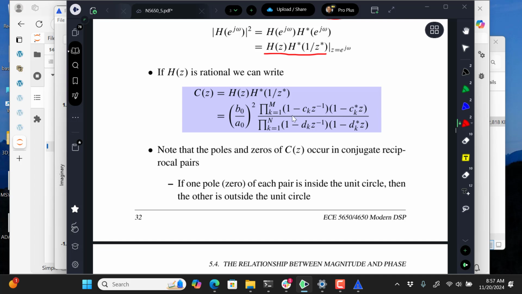So in the original system we would have had those zeros and these poles, and now in our H conjugate system, we have these zeros and these poles. And all of these show a character, and we'll see it more on the next page. CK would be a zero, and then over here, CK conjugate, and the fact that it's written with a positive power of z, if we factor the z out of that term to make it look like something that would make more sense to us, or if we flip the other term, that's probably easier.